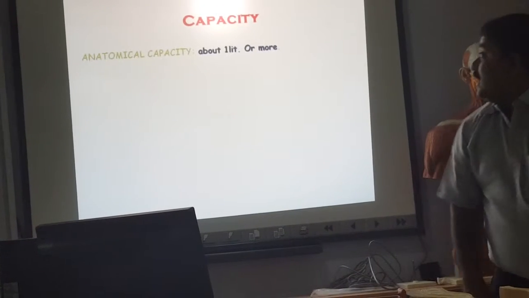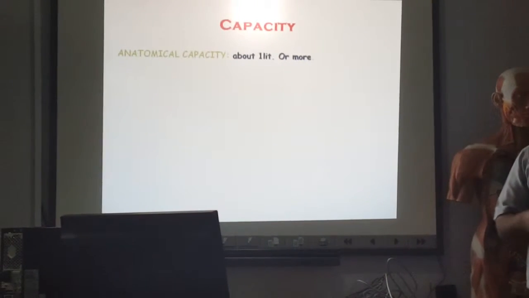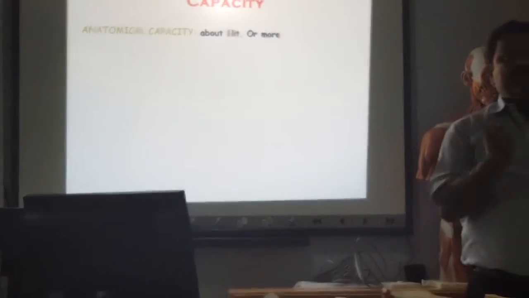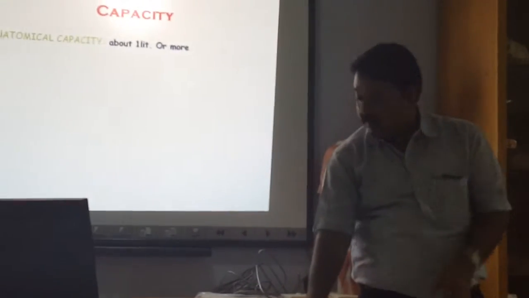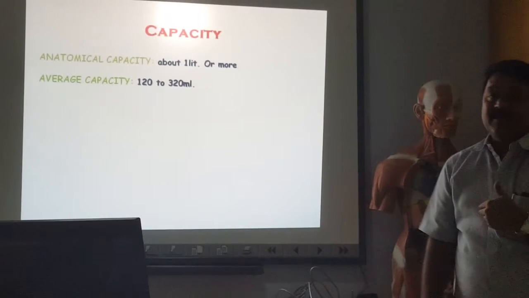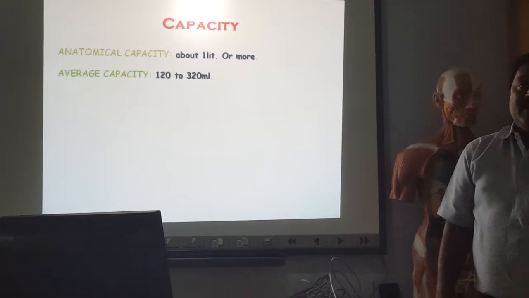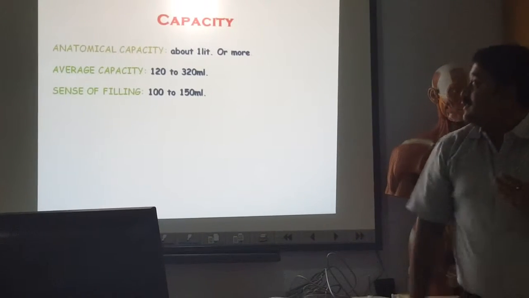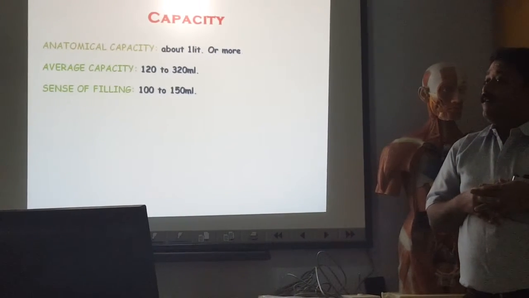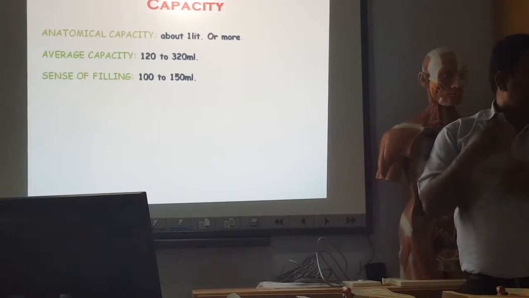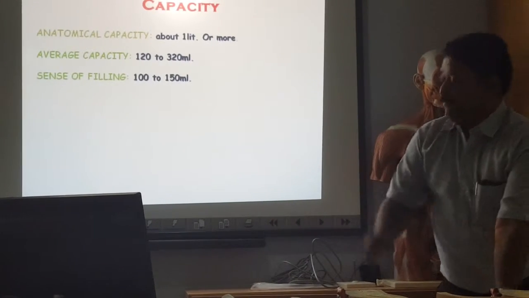capacity. The anatomical capacity is about 1 liter or more. Next is average capacity, it is about 120 to 320 ml. And next is sense of filling, that is from 100 to 150 ml. You will feel the sense of filling.